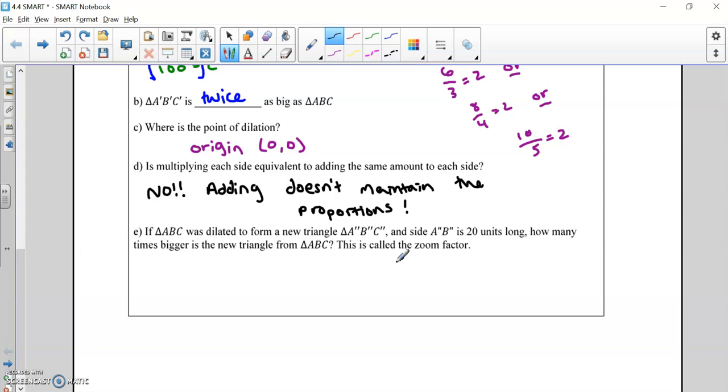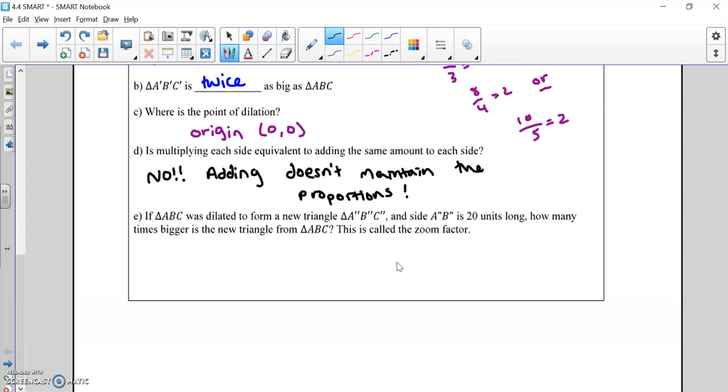So here's another little example. If we took triangle ABC and dilated it again to find A double prime, B double prime, C double prime, and now A double prime, B double prime is 20 units long, how many times bigger is the new triangle from triangle ABC? This is called zoom factor, which is the same thing as scale factor.